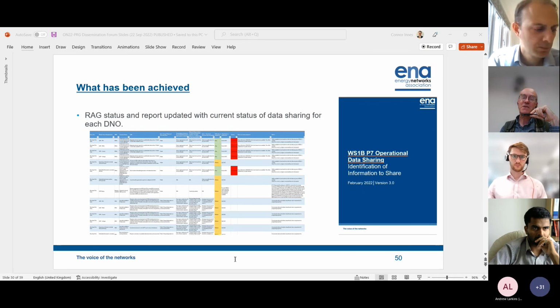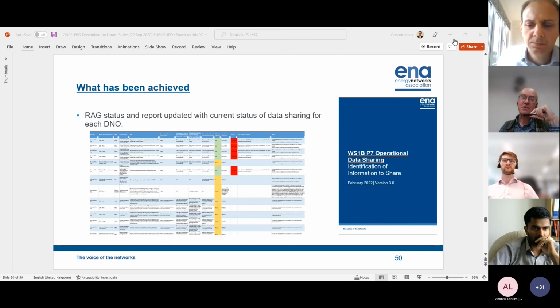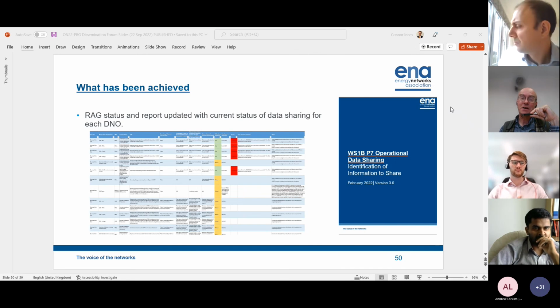So 4 sets of data: telemetry, constraints, outages, and ultimately planning data. There's a kind of a timetable to do it. Really, we're aiming for everything that we can by the end of the year. Obviously not the planning data. That's kind of the feel that we're after.